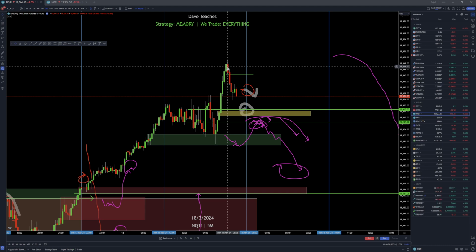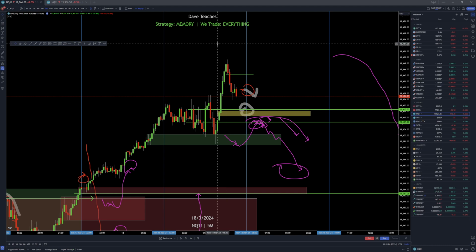Now we know that there's a possibility that we could start out long in the manipulation phase of it, and then we see price head back to where the body is now being created. You don't want to be longing when that 4-hour body is being created. You want to wait until the 4-hour hits its target, usually a 4-hour high or low, 4-hour sweep, right?